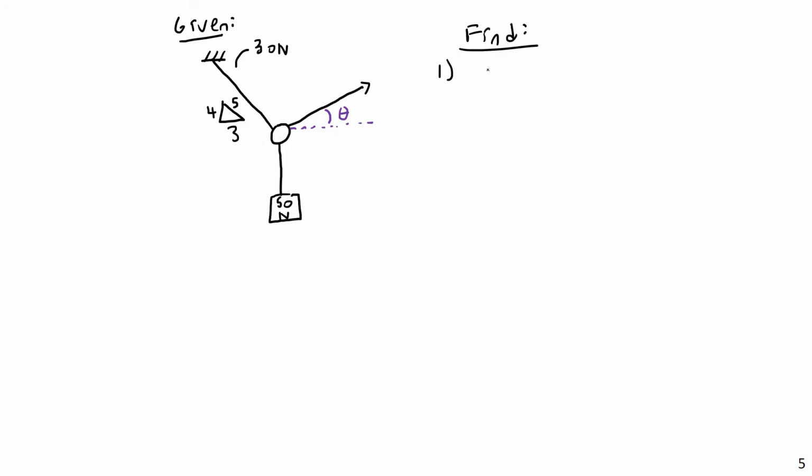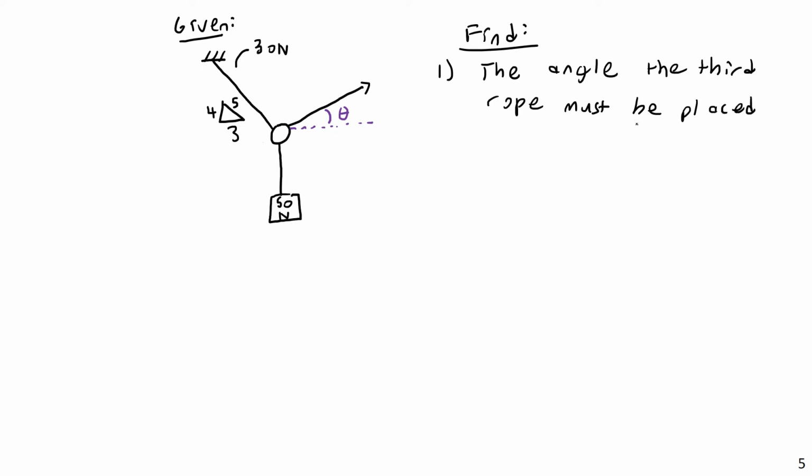And maybe I'll just write this out for brevity's sake. Find, one, the angle that the third rope needs to be hung at, must be placed to keep the ring in equilibrium.